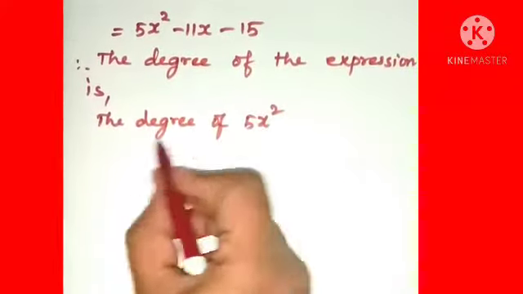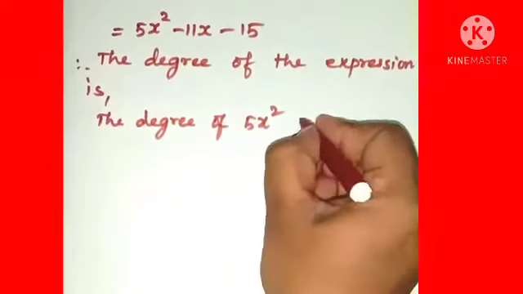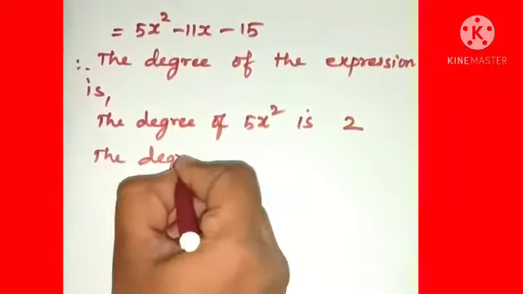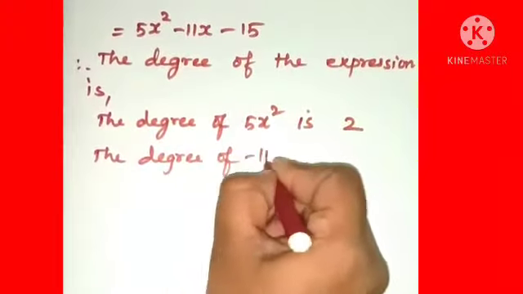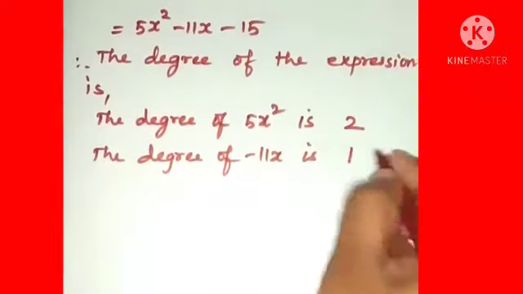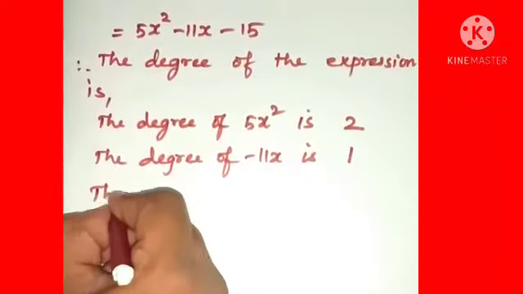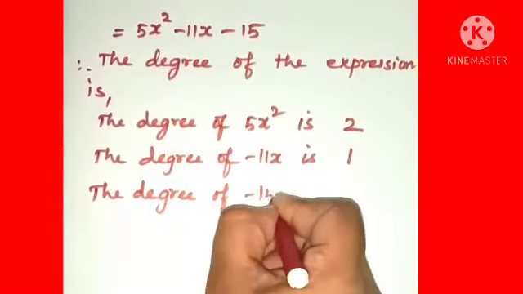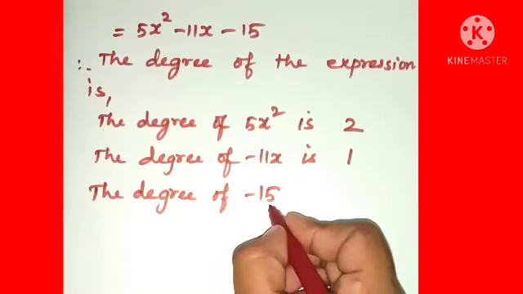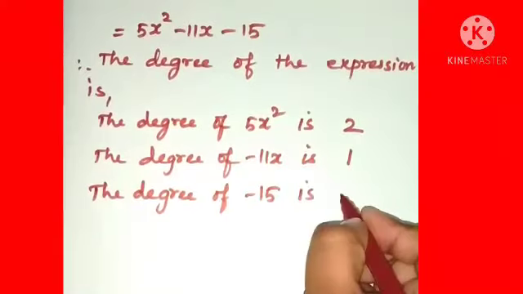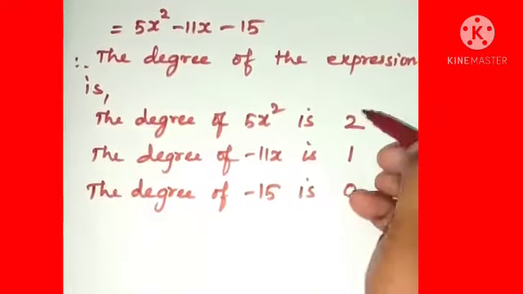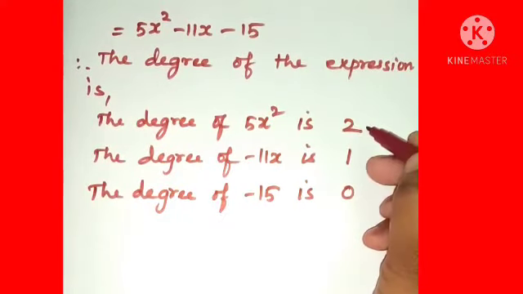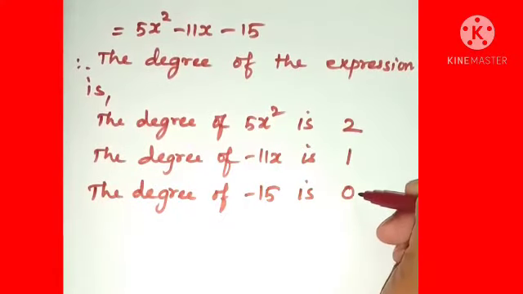5x squared, the first term, is 2, and the degree of minus 11x is 1. The degree of minus 15, which is a constant value, is 0. Here we get the degree of each term as 2, 1, 0.